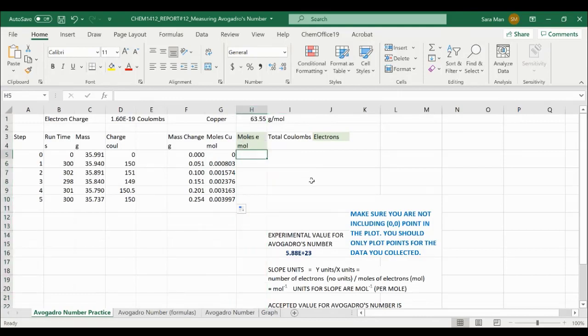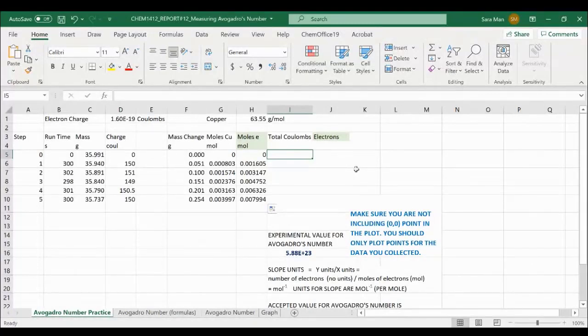So what we do is equal the previous cell and then multiply by 2. Very good. And then again, Excel is doing it for me. Isn't that good? Now we have to calculate the next column, the total coulombs.